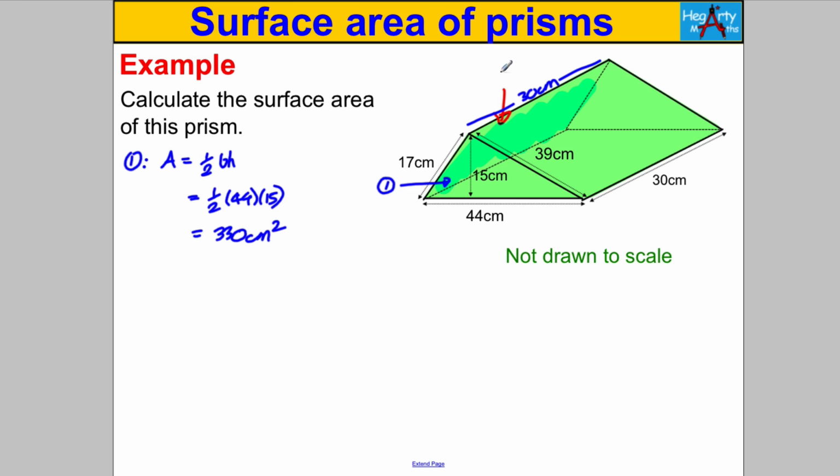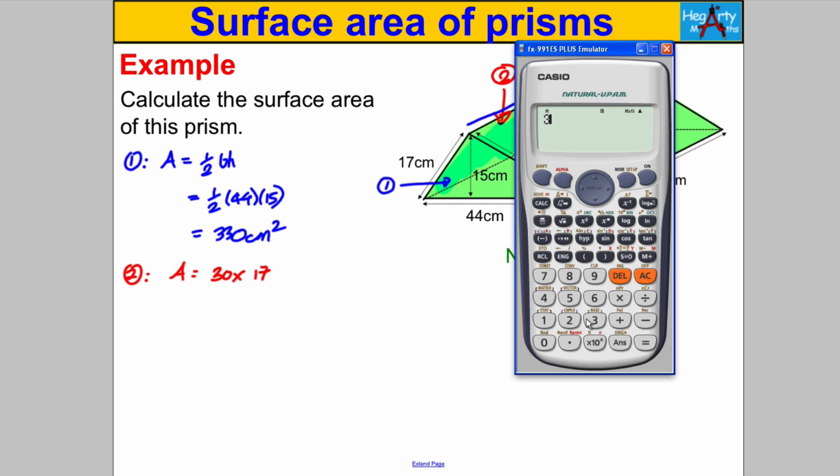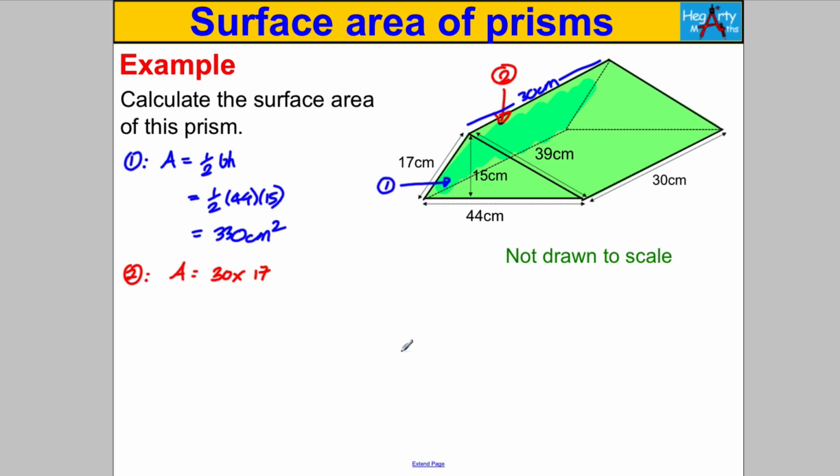So for this shape here, which I'll call shape 2, it's a rectangle, that's simply going to be equal to the base, which is 30, multiplied by this height, which is equal to 17. So we're going to do that, 30 multiplied by 17, 510. So this one is equal to 510 centimeters squared.